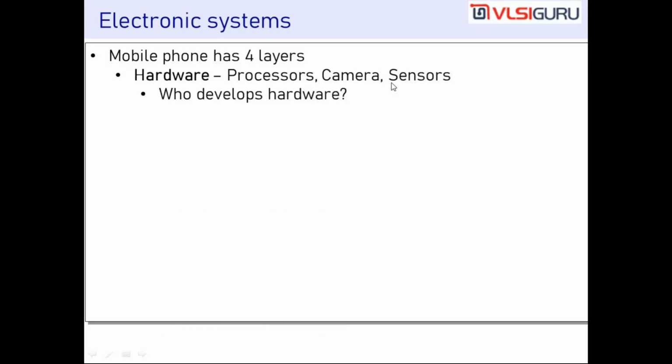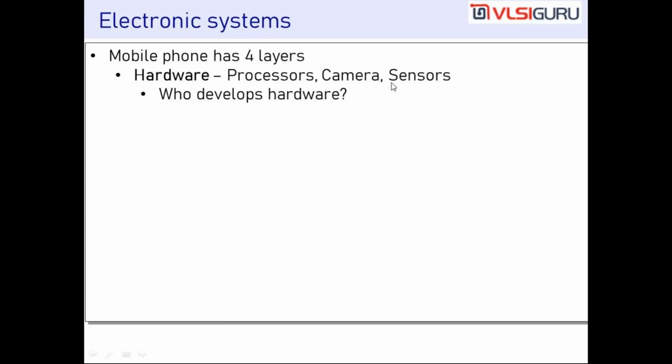Who develops hardware? The person who develops hardware, we call him a hardware engineer. In short, we call him a VLSI engineer. The hardware engineer itself could be in multiple domains.